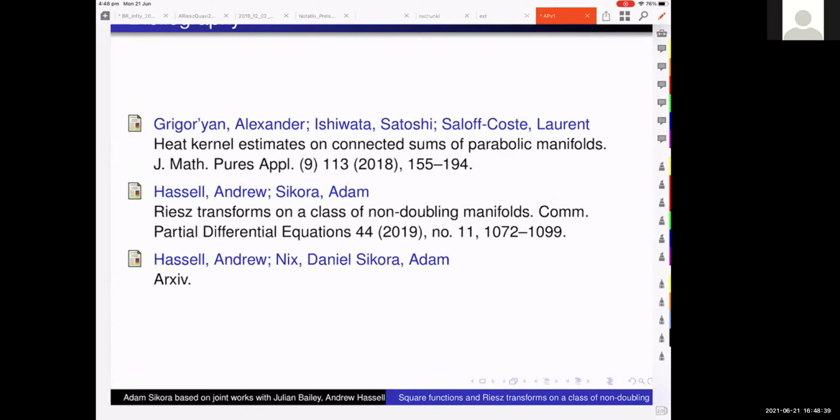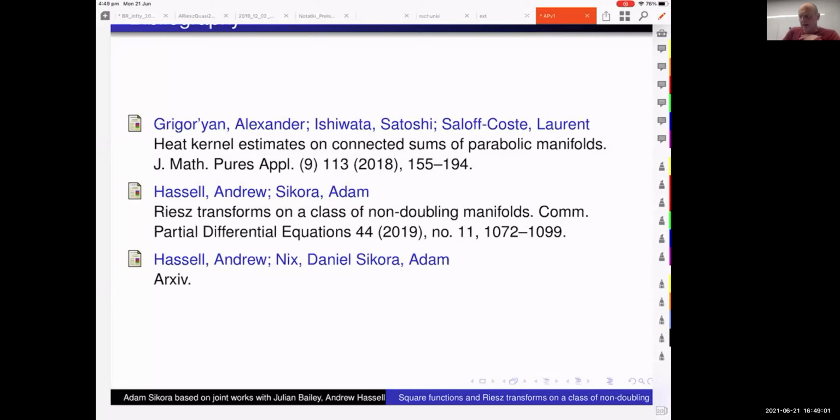Question: I have a question. Could you consider Riesz transform on differential forms and prove boundedness in your setting? It's possible, but it's still more difficult, right?